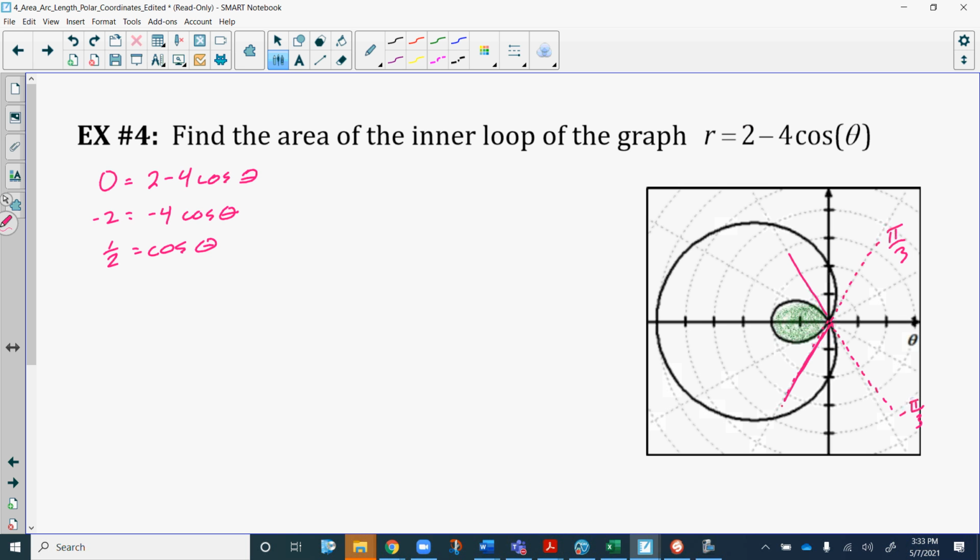The values on the unit circle that give me 1/2: theta equals pi over 3 in quadrant 1, and theta equals 5 pi over 3 in quadrant 4.